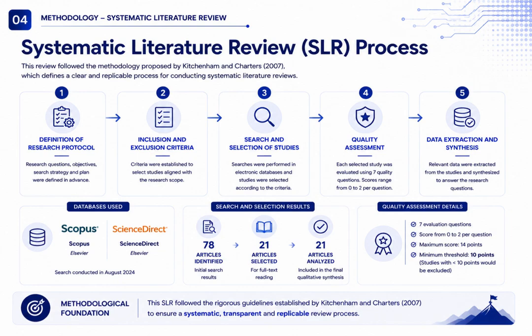The review followed five main stages: defining the research protocol, establishing inclusion and exclusion criteria, searching and selecting studies, performing quality assessment, and finally, extracting and synthesizing the collected data. We searched the Scopus and Science Direct databases, initially identifying 78 studies. After applying the eligibility criteria and the quality assessment, 21 studies remained for the final analysis.